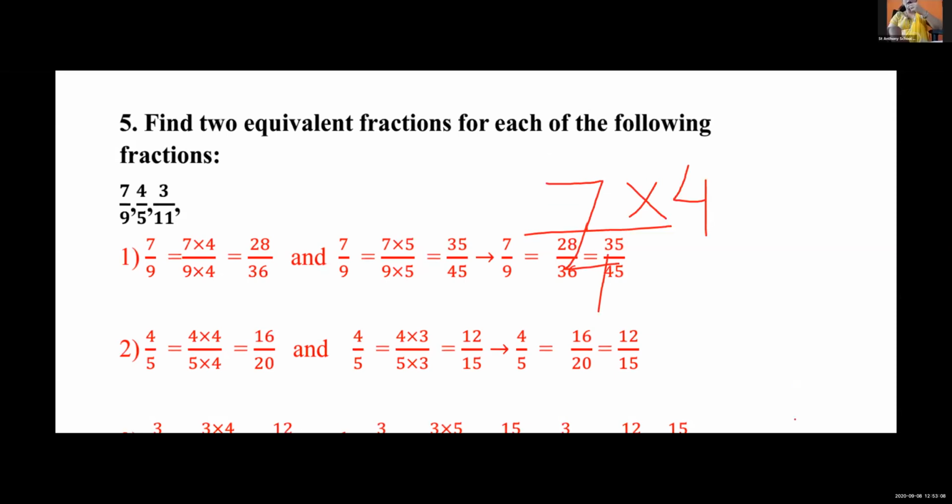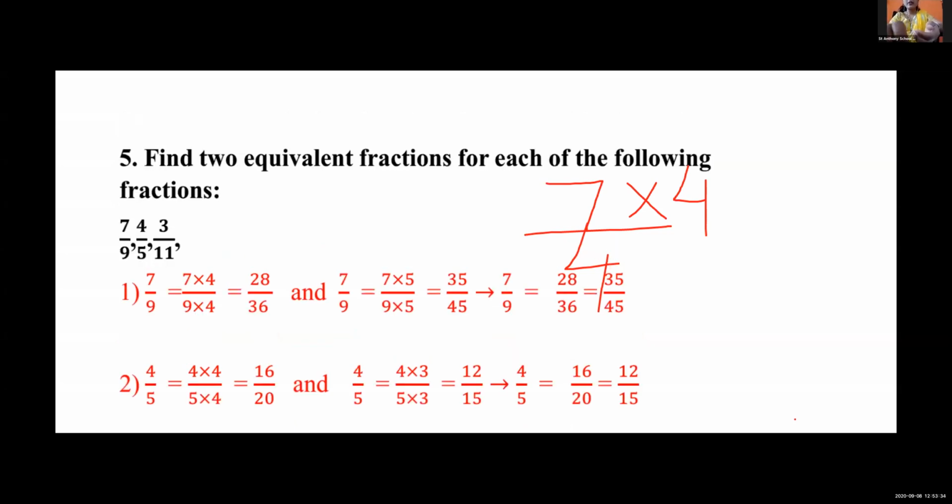But here I am unmuted, teacher. So see student, here we are multiplying by the same multiplier.